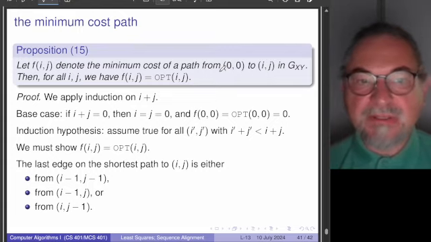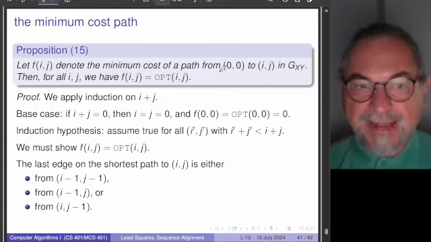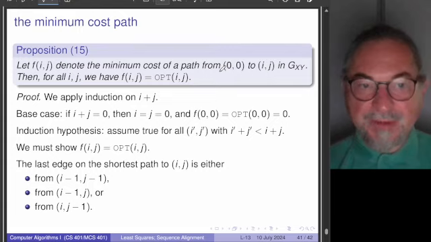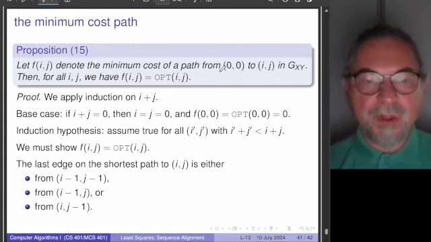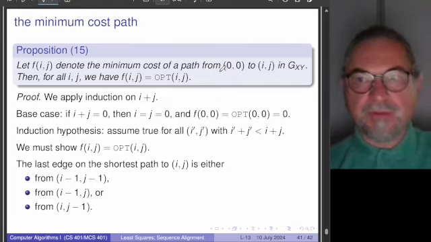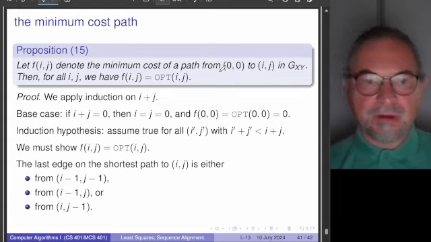Well, let us consider how we got to that node. Either we followed a diagonal edge, from i minus 1, j minus 1, or we came from the previous row, the i minus 1 row, so we went up, following an edge that went upwards, or we had a horizontal edge.